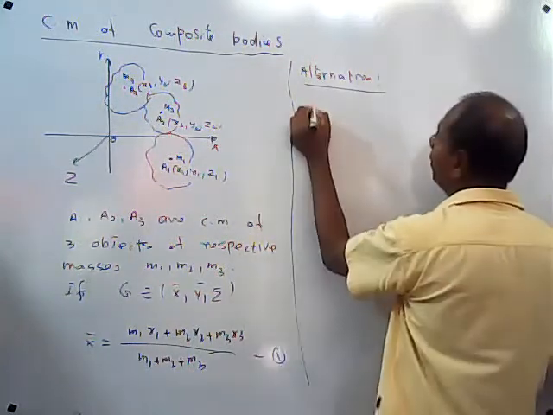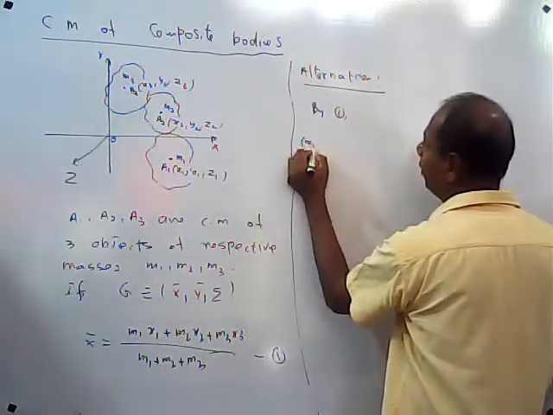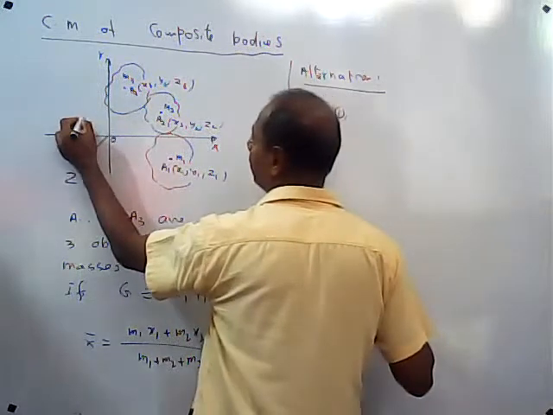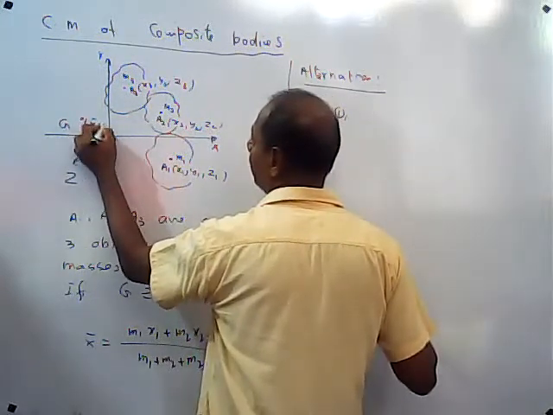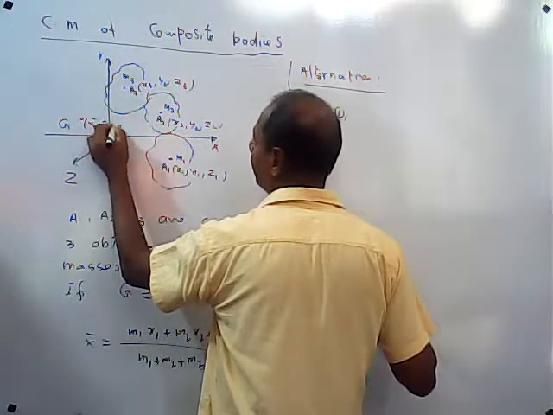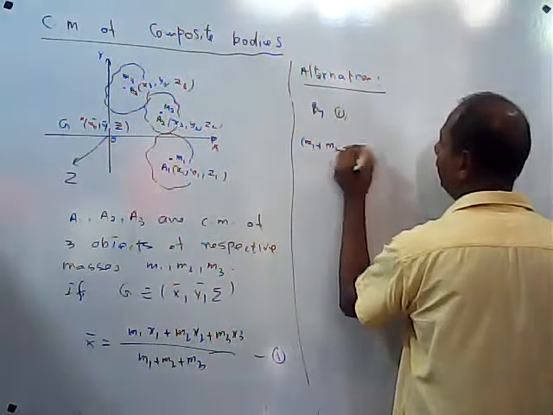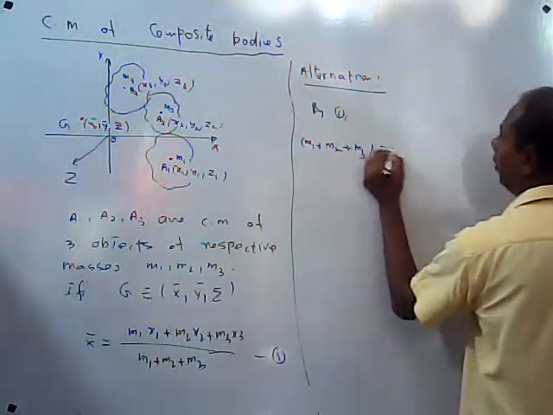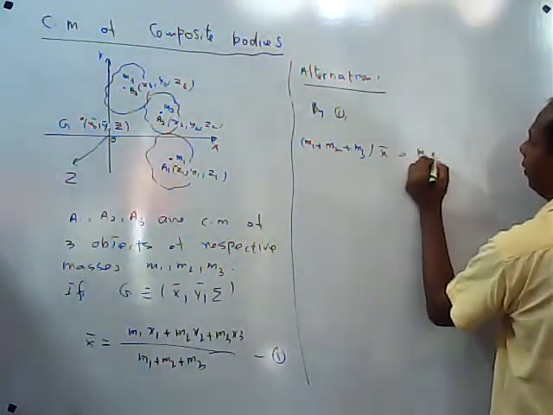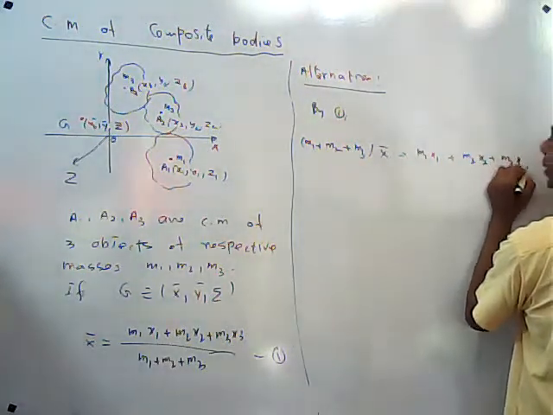So by one you take it to the other side. So G is somewhere here. X bar, y bar, z bar. So m1 plus m2 plus m3 into x bar equals m1 x1 plus m2 x2 plus m3 x3, right?